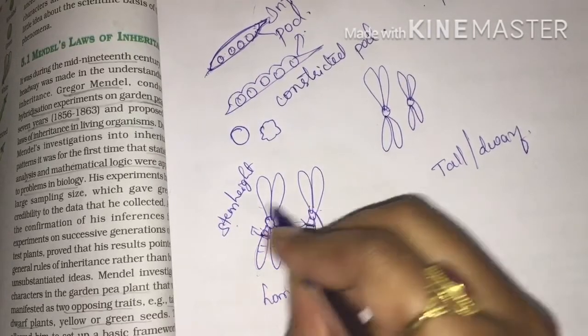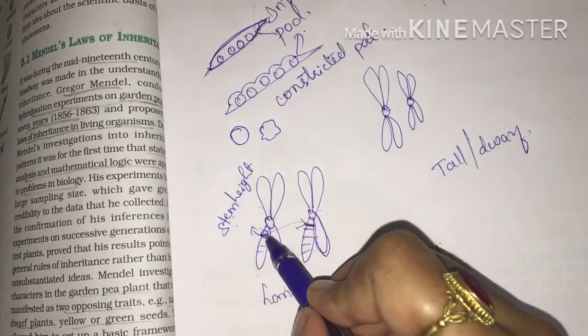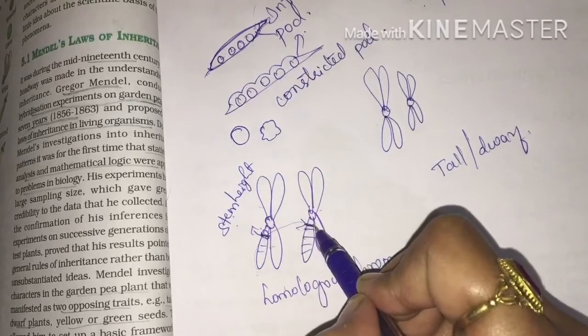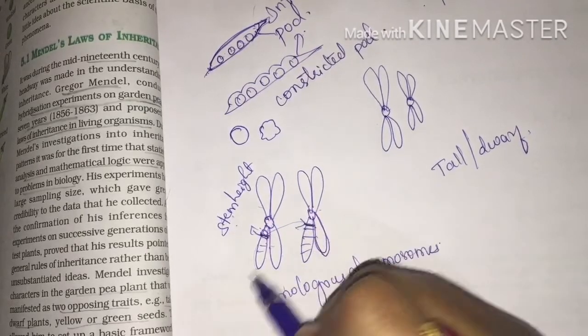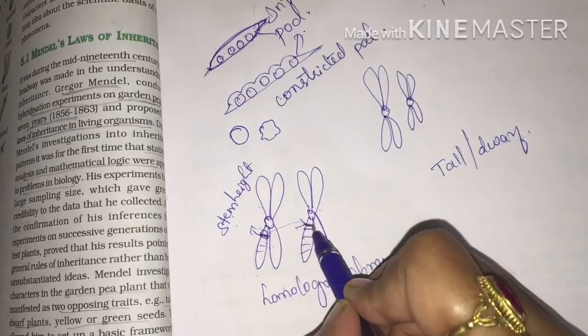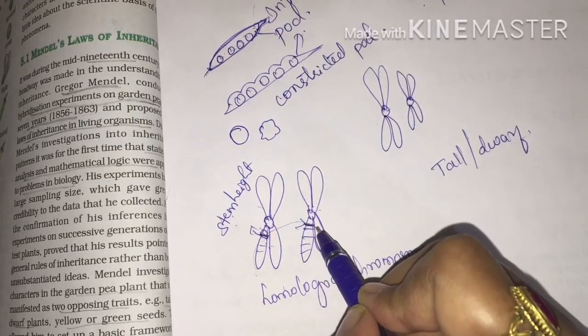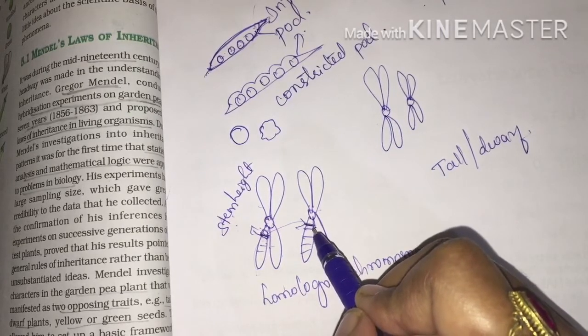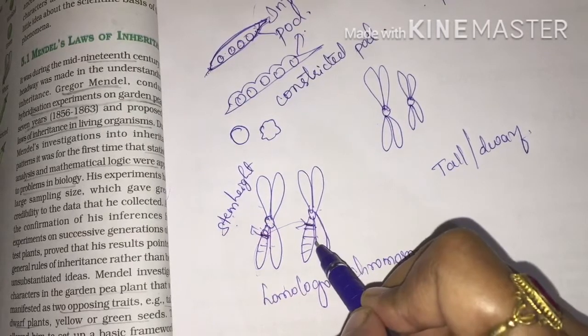Its character is also stem height. This is also stem height, this is also stem height. It can have tall, it can have dwarf, it can have dwarf, it can have tall, anything it might be, but both should have the same characteristic gene on the same locus. As we said, same location. For location we call it the locus or loci of a gene in a chromosome.